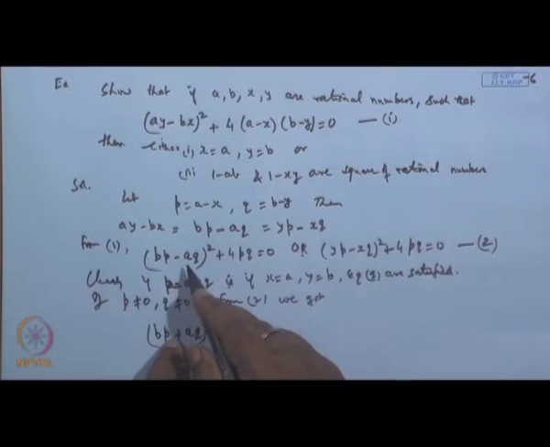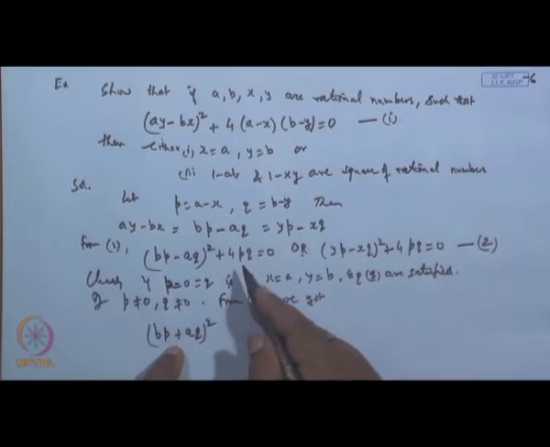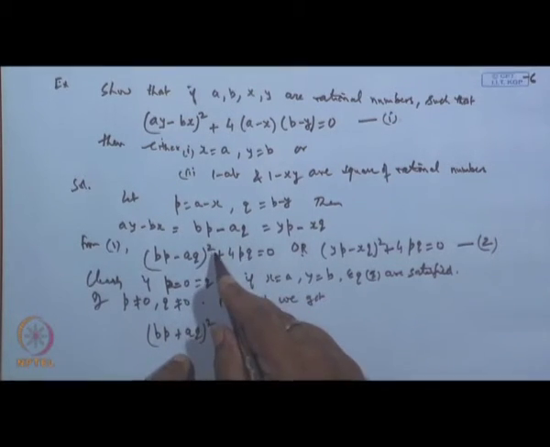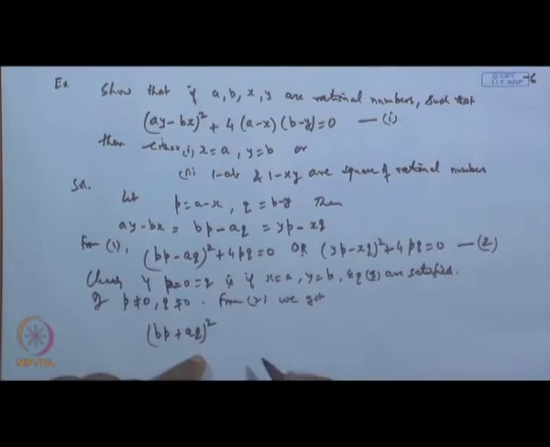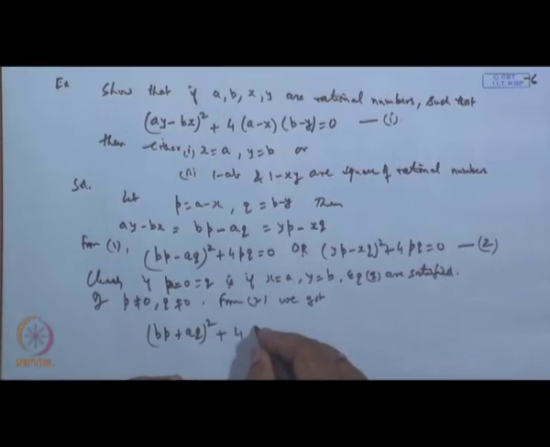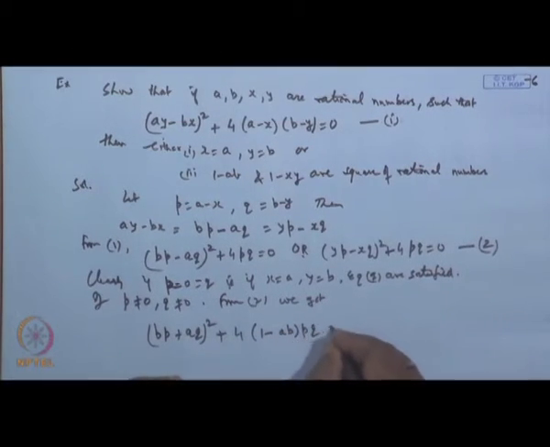If I just take the plus sign, then 2 times of this will come into the picture. So, when you take the minus b and this square, you get (bp + aq)^2 + 4(1 - ab)pq equal to 0. Okay. Then only it is balanced.